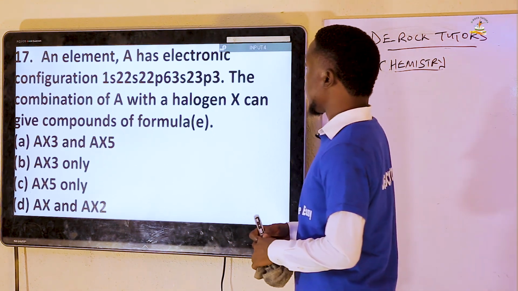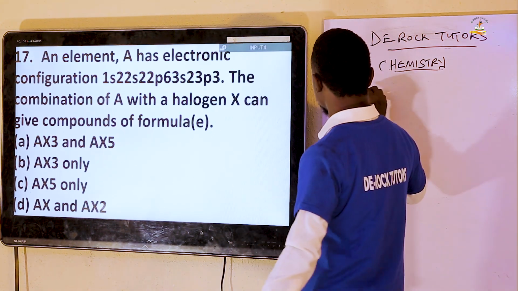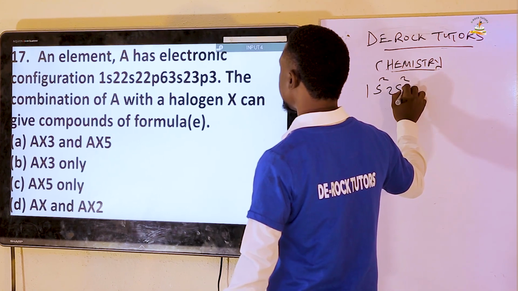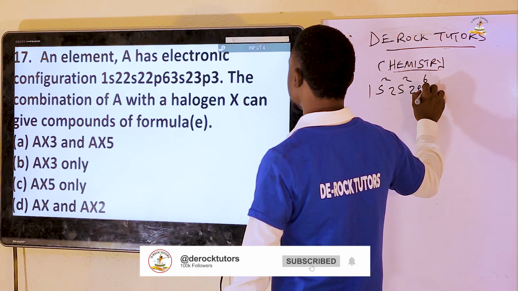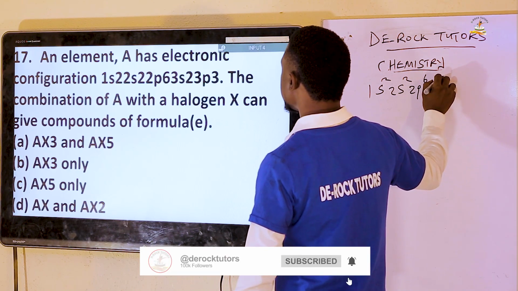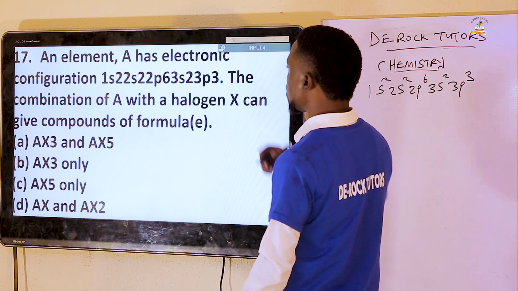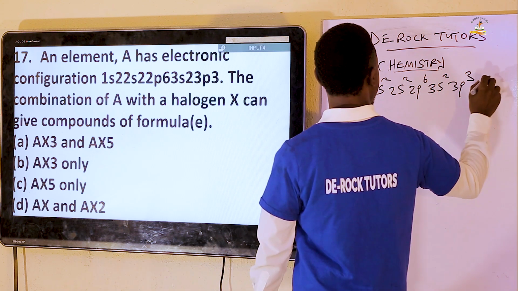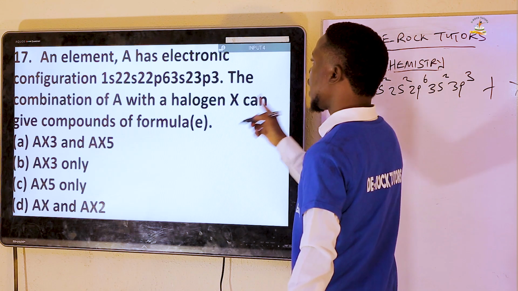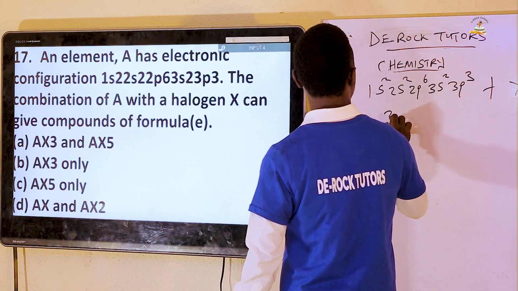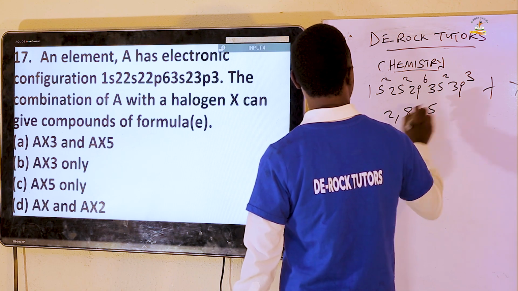Question number 17. An element A has electronic configuration of 1s2, 2s2, 2p6, 3s2, and 3p3. The combination of A with a halogen X can give compounds of the formula dash. So here we have 2, 8, 5.